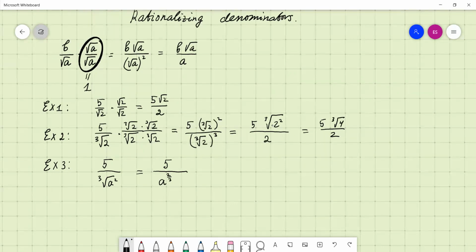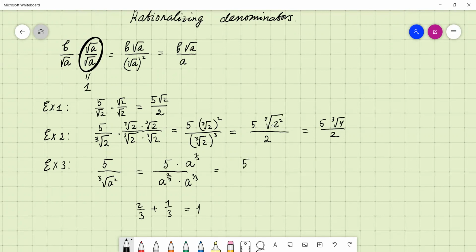Now look at what is missing here to turn the power into 1. We have 2 over 3. To make it 1, we'll need 1 over 3. If we add 1 over 3 here, we are going to turn it into 1. So I'm going to multiply by a to the power of 1 over 3, numerator and denominator.